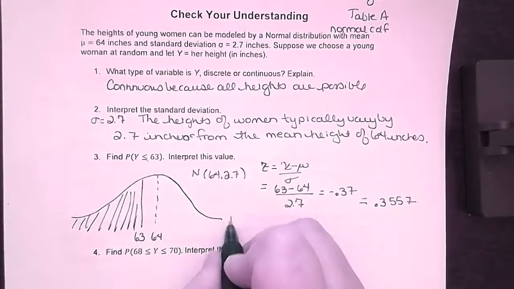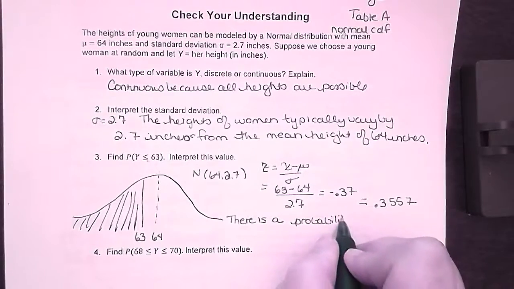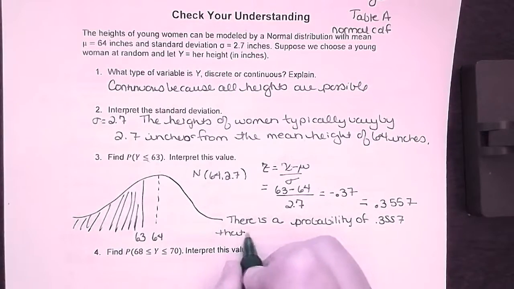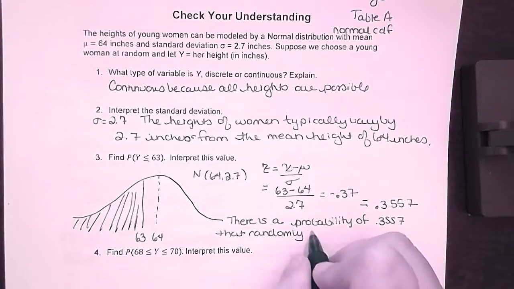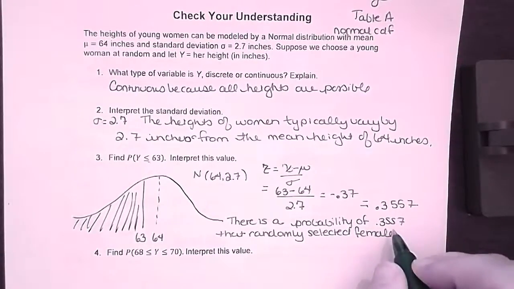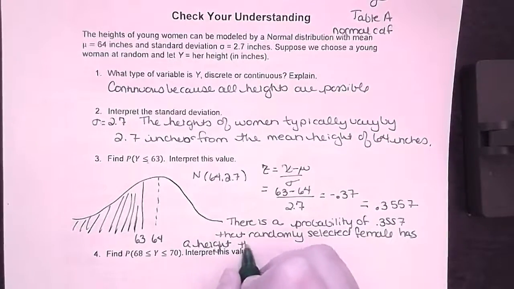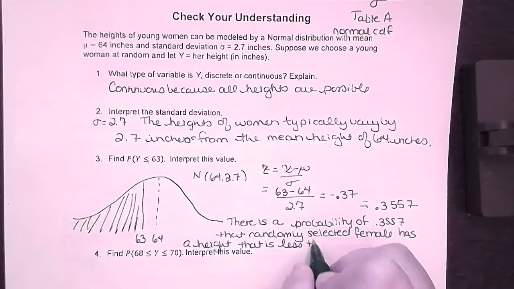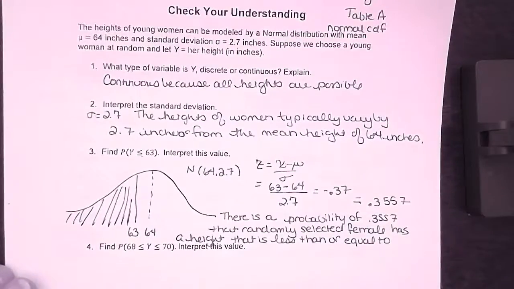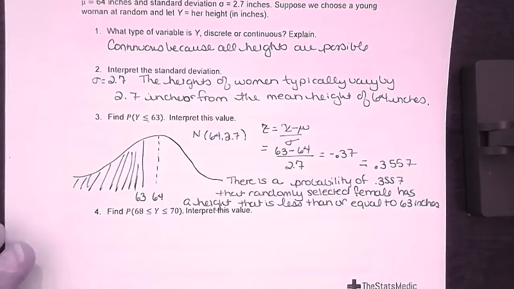And so I would say there is a probability of 0.3557 that a randomly selected female has a height that is less than or equal to 63 inches.